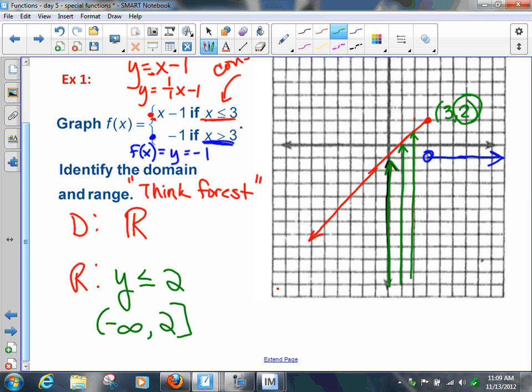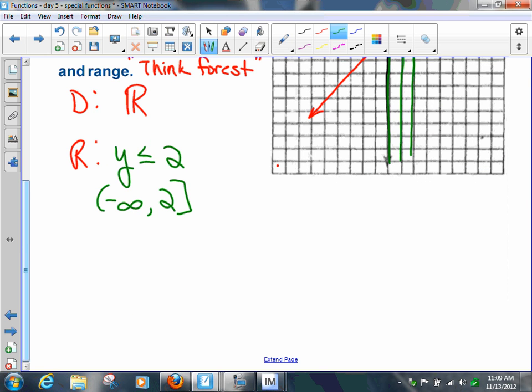And now compound inequality: negative infinity less than y less than or equal to 2. Right on? What do you think?